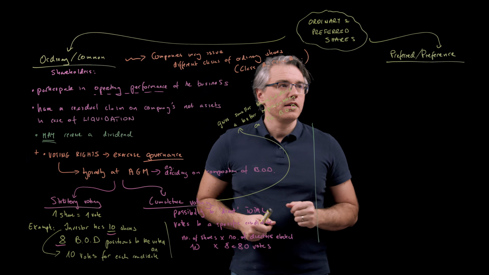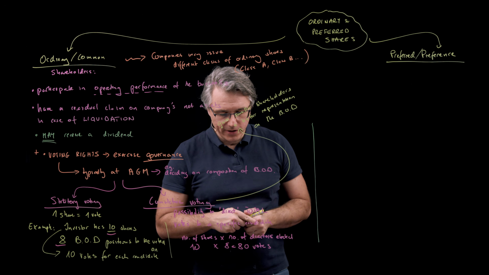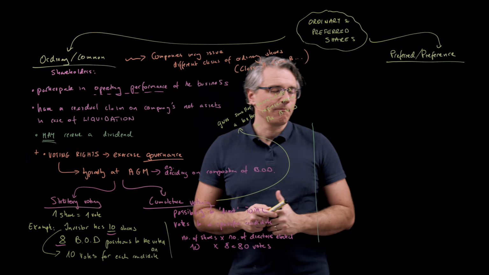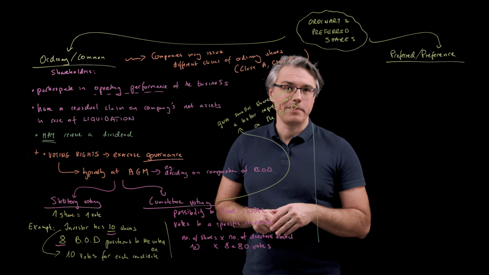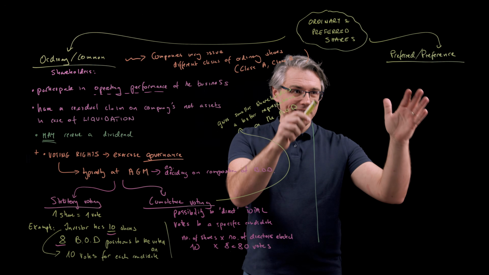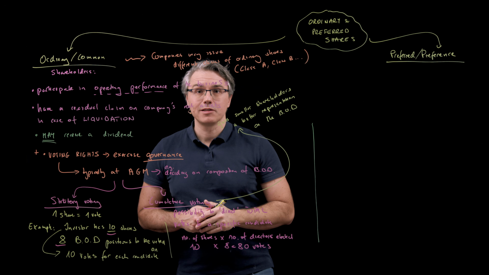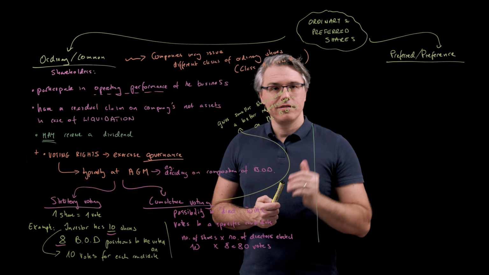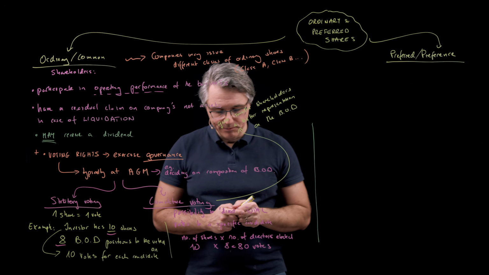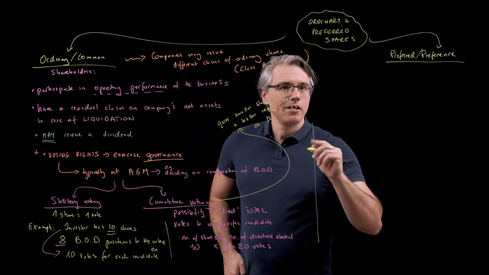Let's move over here to preferred or preference shares. I'm going to say quite a lot about them, and it will not all fit in over here. So I'm just going to make some initial comments and then make space for more. Preference shares or preferred stock. Well, why are they preferred?